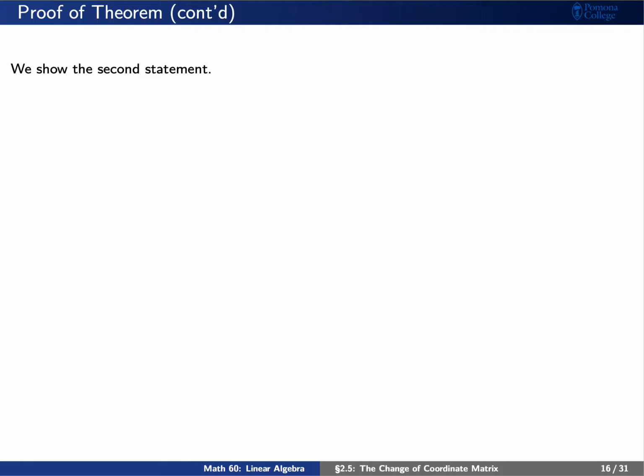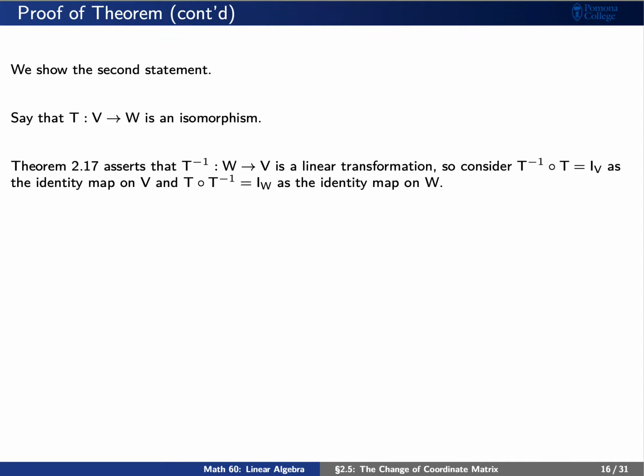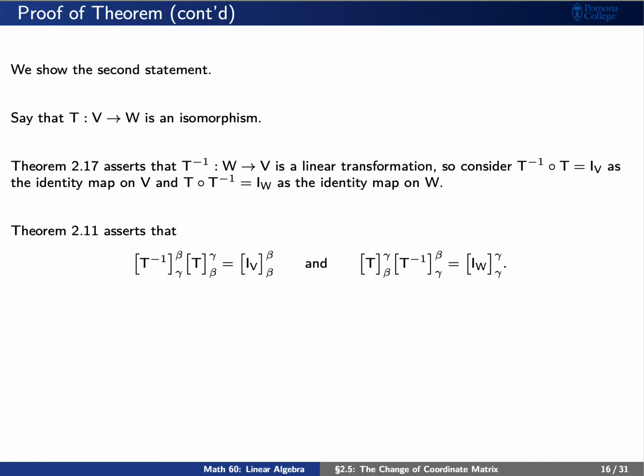Let's now prove the second statement. Let's say that we do have an isomorphism T. Well, we know that the inverse of T exists and is also a linear transformation, so let's consider T^-1 circle T as the identity map and T circle T^-1 as the identity map. We know now that the composition of maps simply corresponds to matrix multiplication.